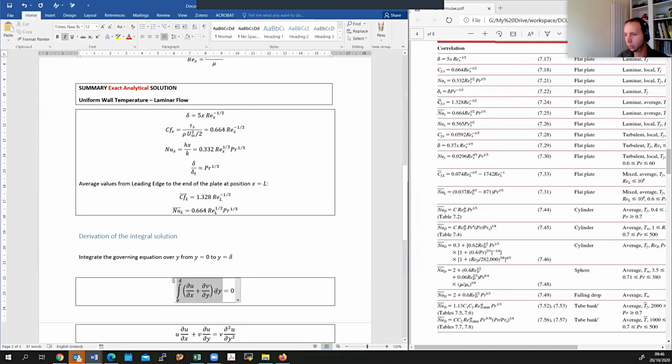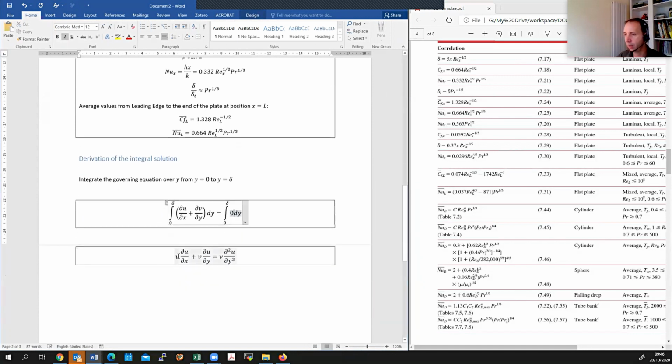Okay, so you do the same for the next one, and then you integrate also on the right-hand side. So you integrate both left and right. You do the same down here.